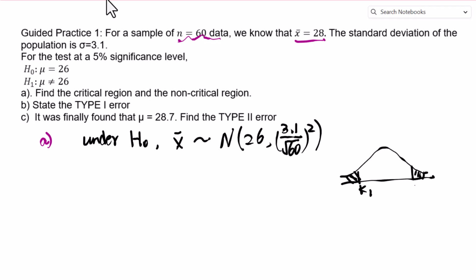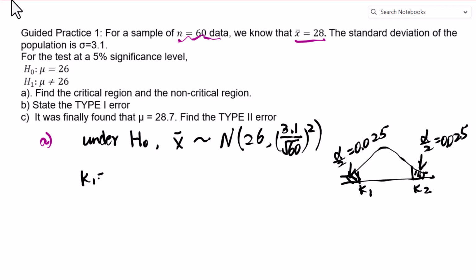K1, K2. Area is alpha over 2, 0.025. So K1 equals inverse norm, area 0.025, mean 26, standard deviation 3.1 over square root 60.